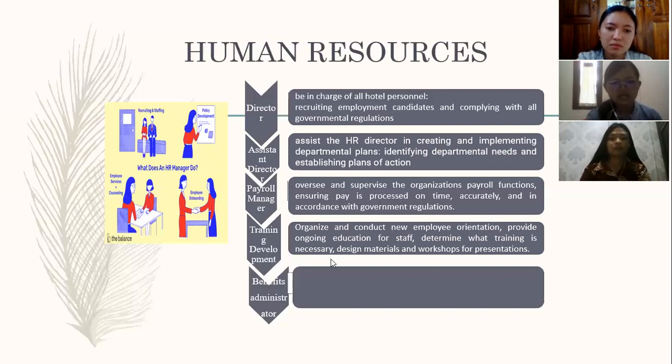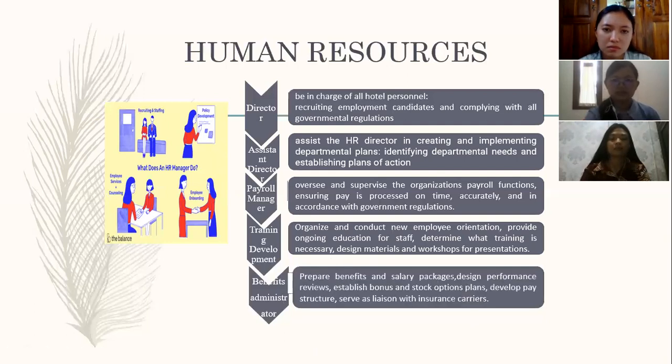And the last personnel is the benefits administrator. The duties of the benefits administrator are to prepare the benefits and the salary package.